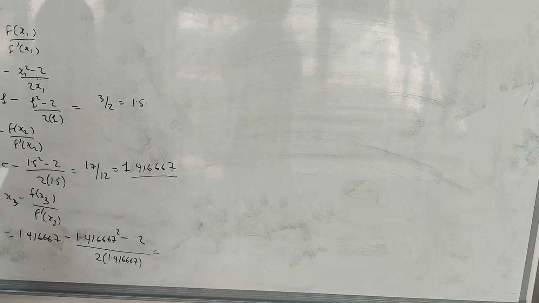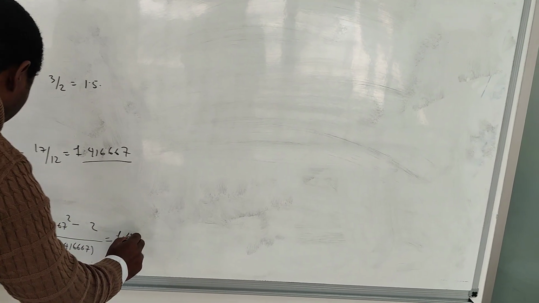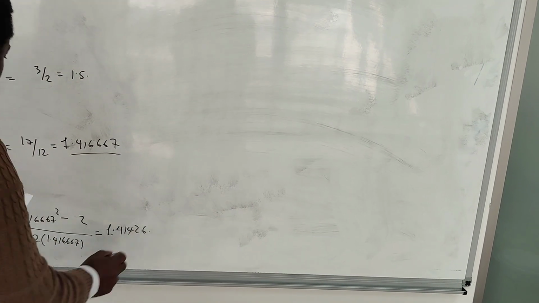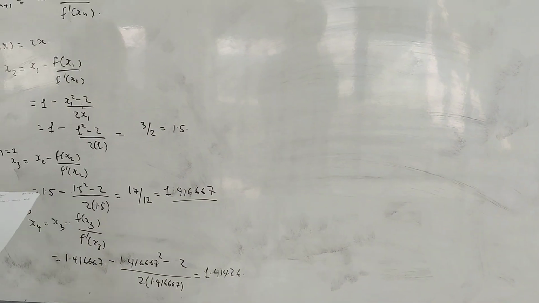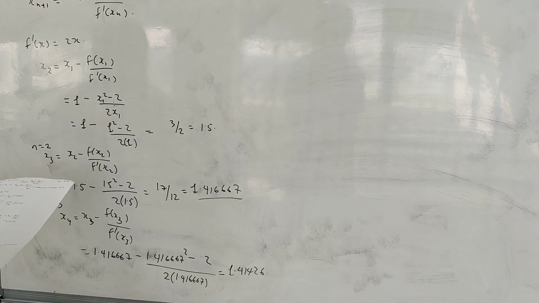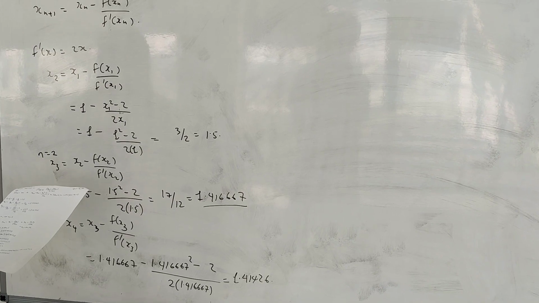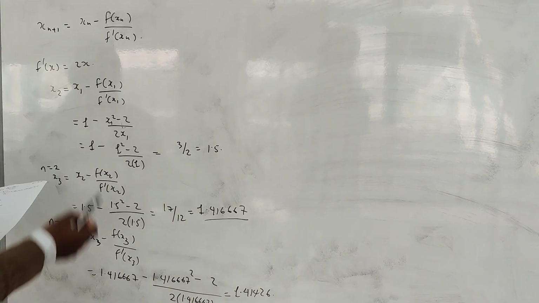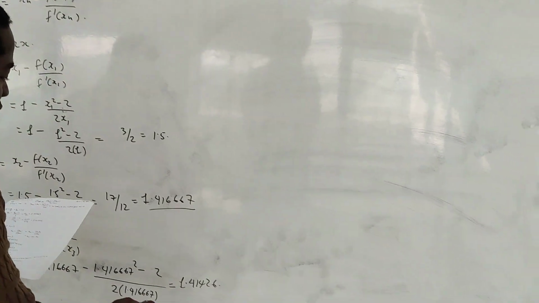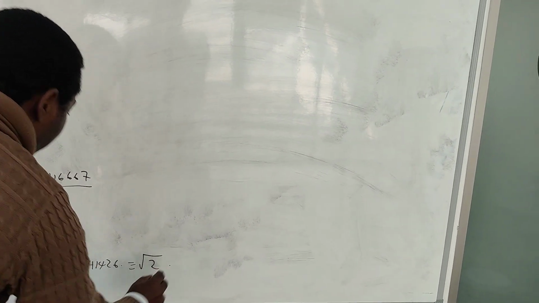If we evaluate this, we are going to have 1.41426. If we continue like this, we'll keep getting closer to the value written on the board. This lets us know that the root of this equation is root 2. Thank you.